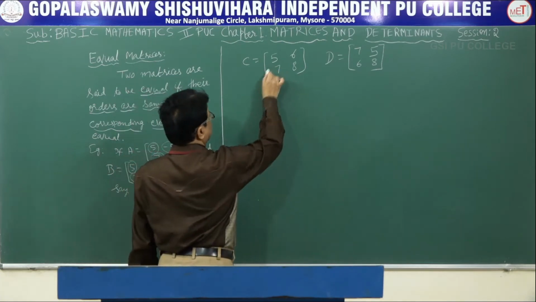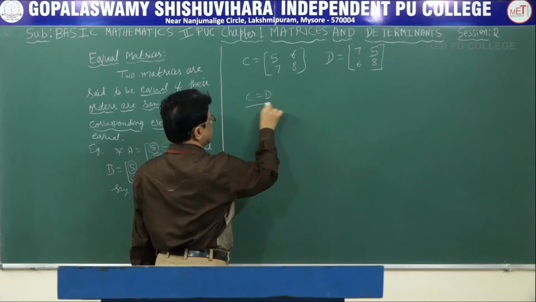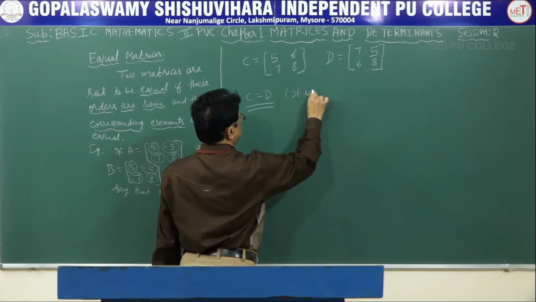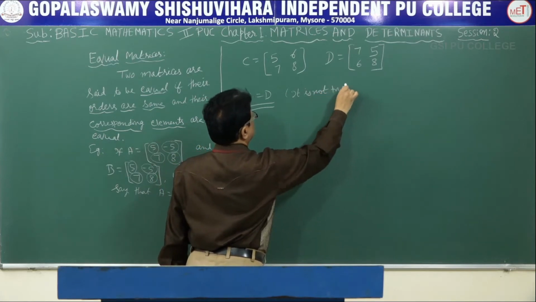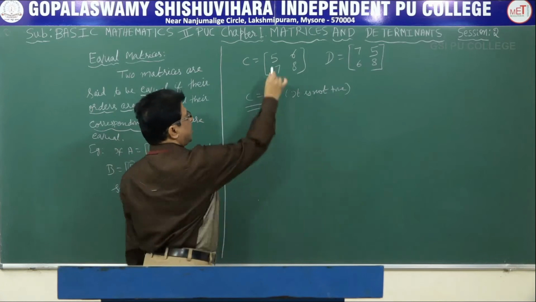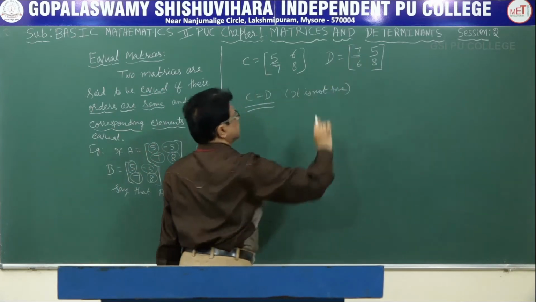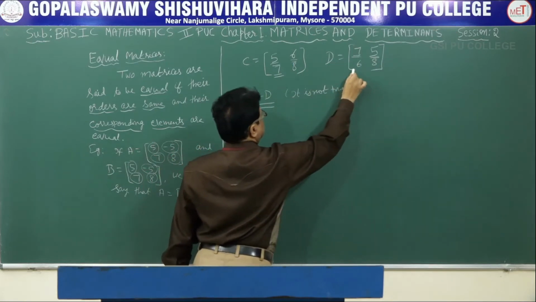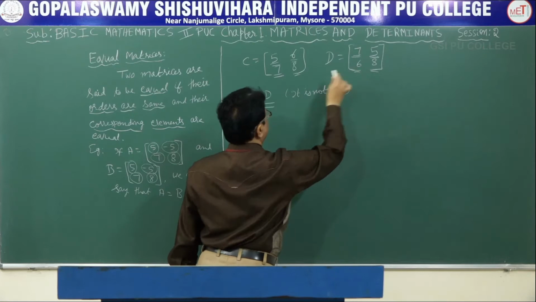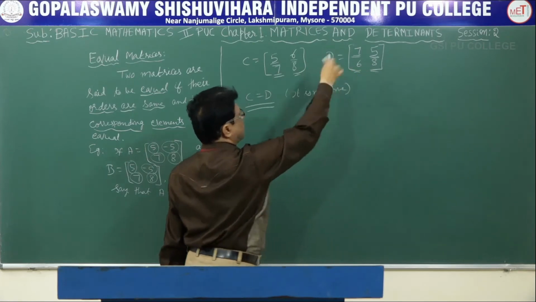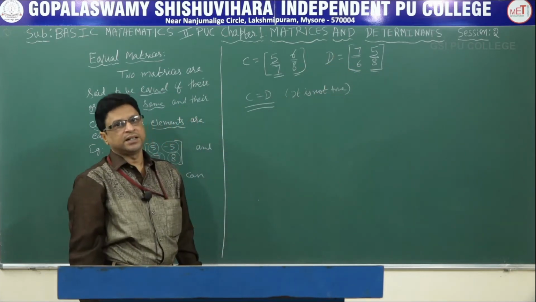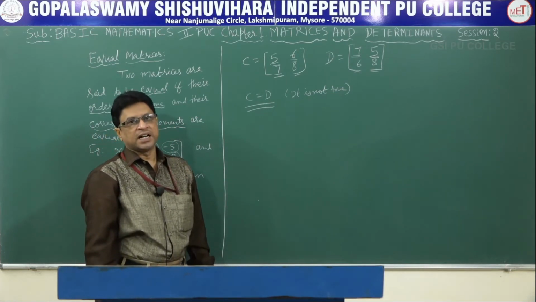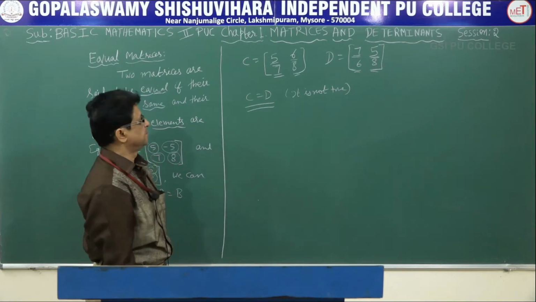That means here C is equal to D is not true, since their corresponding elements are not equal. Only the 8 is equal, but other corresponding elements are not equal. So all the elements should be equal to their corresponding elements.